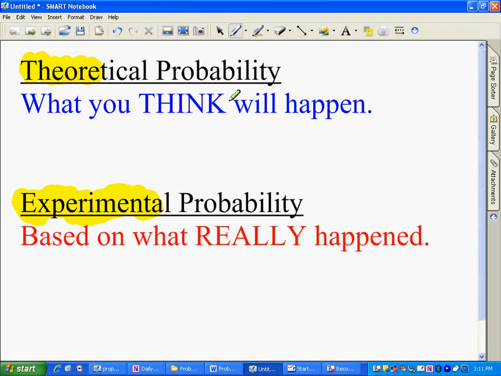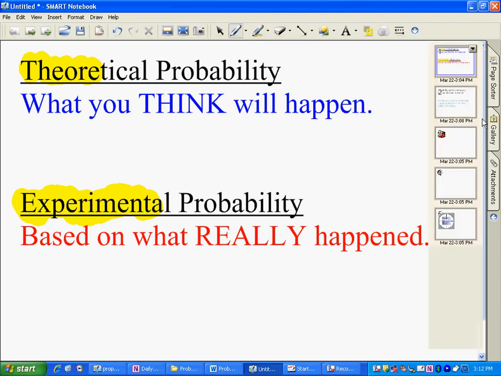They're different and you're going to have different answers. But the idea is the more that you perform the experiment, the closer the experimental probability gets to the theoretical probability. And I'll elaborate more on that in a second, okay? But just really, I want you to realize that there's two different types of probability, theoretical probability and experimental probability.